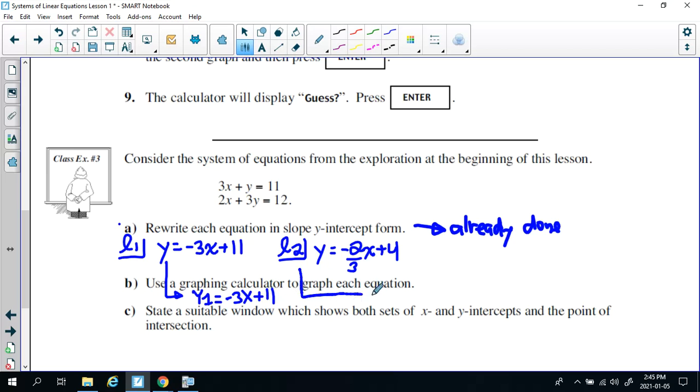And then for y2, the second equation, because I have a fraction, I'm going to put the fraction in brackets. So I'm going to write it down as negative 2 over 3x plus 4.